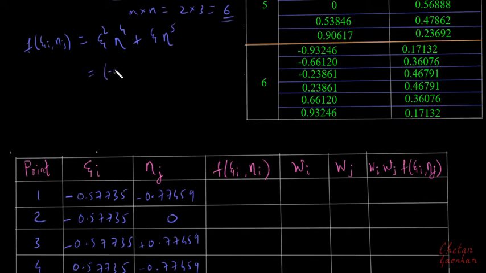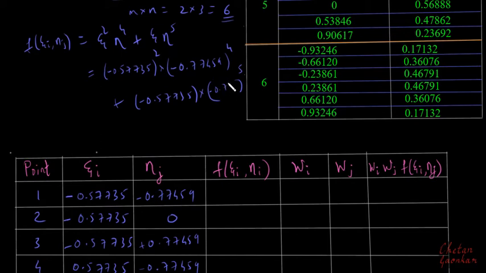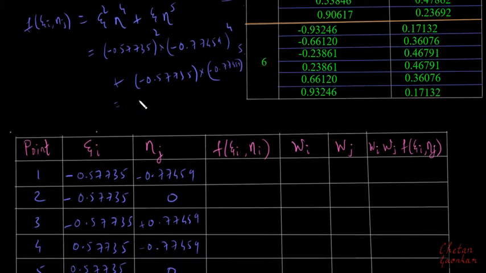So it will be minus 0.57735 squared times eta, minus 0.77459, raised to 4, then plus again xi, that is minus 0.57735, multiplied by eta raised to 5, where eta is minus 0.77459, and this value will be approximately equal to 0.281. So I can write this value as 0.281.